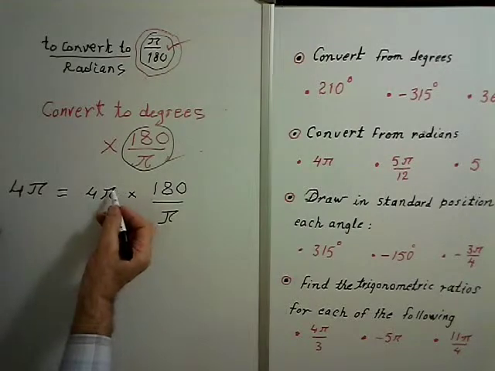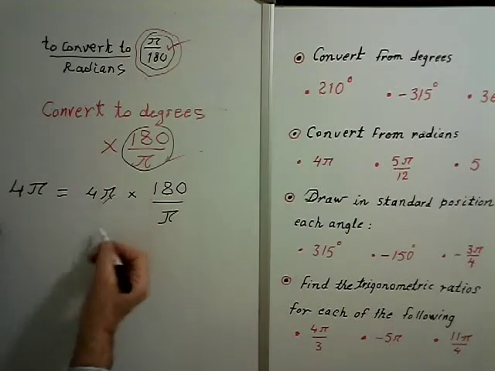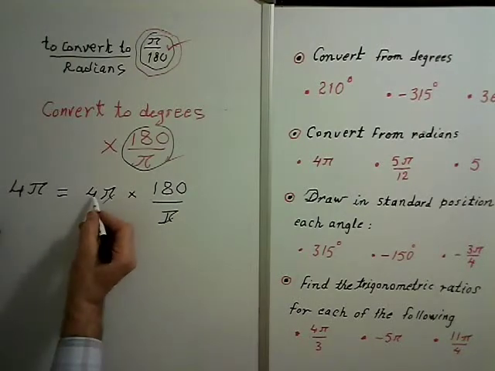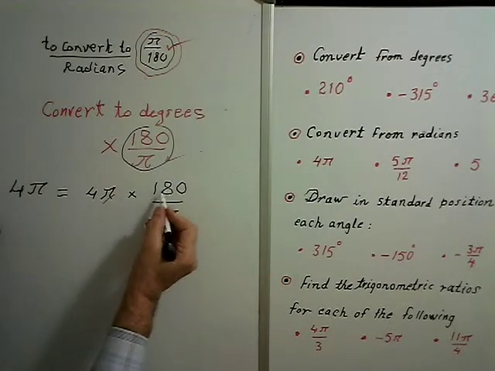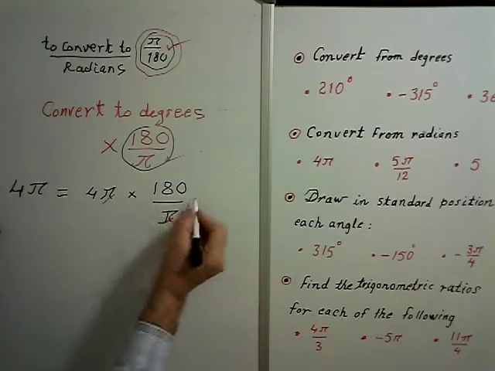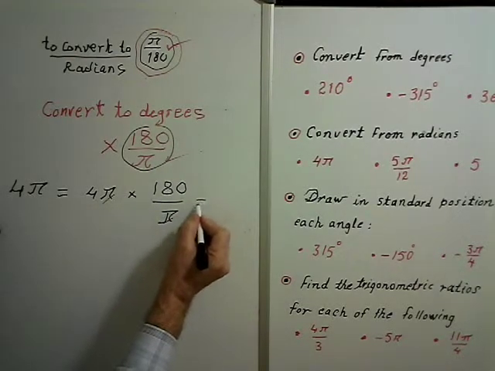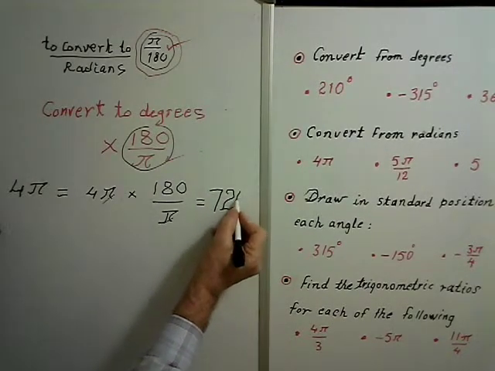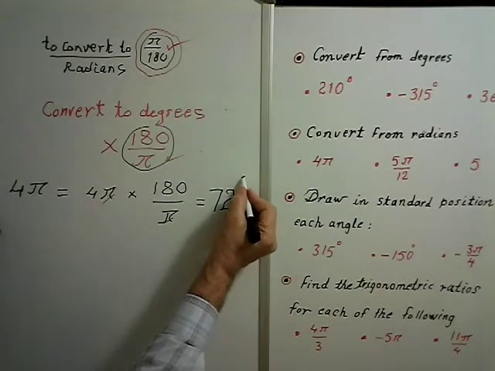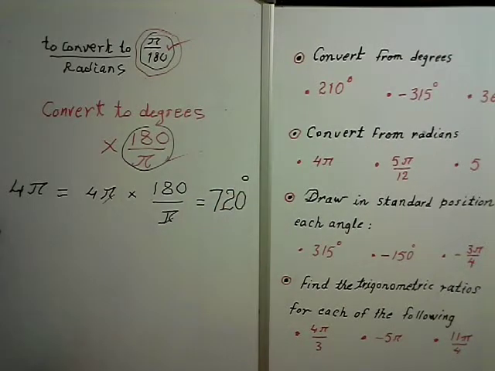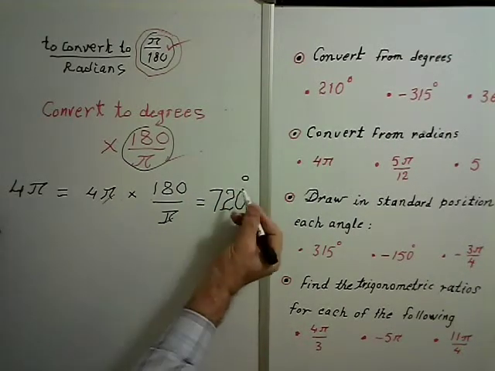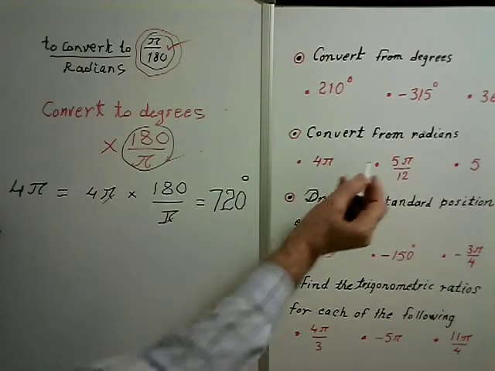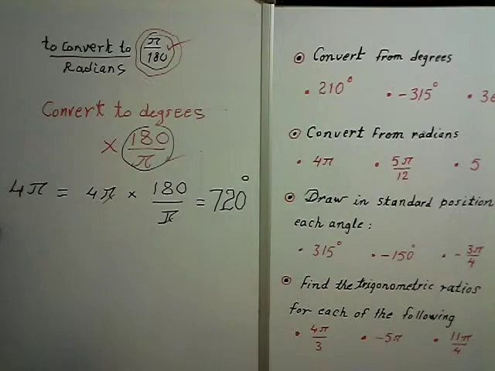We cancel pi with pi and just multiply 4 by 180. That means 720. And don't forget to write here the symbol of degrees, which is the small circle here. Okay? Same thing for the other angle.